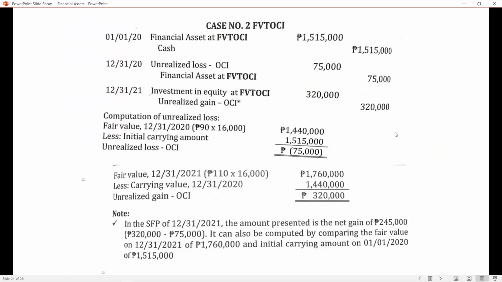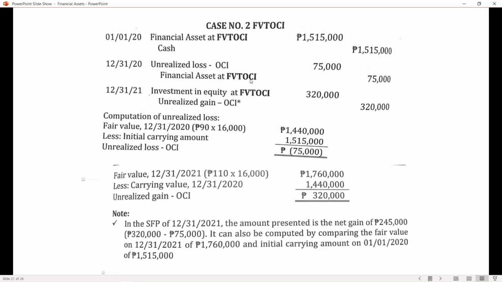So punta naman tayo ngayon sa FVOCI. Dito si FVOCI, iba yung amount na ma-recognize natin, kasi nga sinama niya dito yung transaction cost. So si 1,515,000, sabi ko kanina, initially measured siya kapag FVOCI, i-include mo yung transaction cost. Kaya 1,515,000.